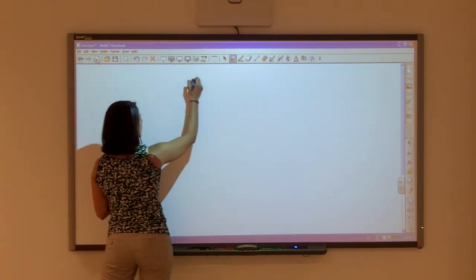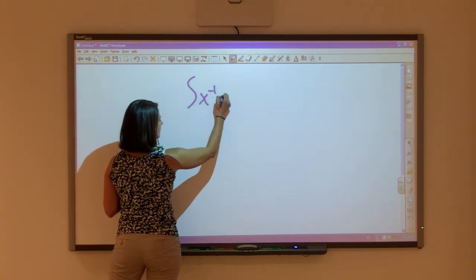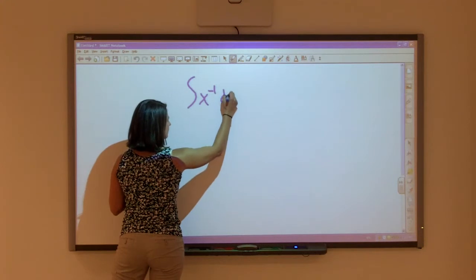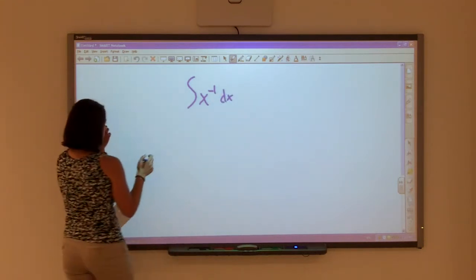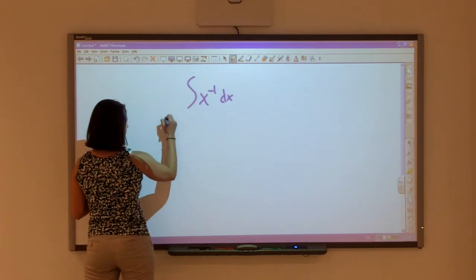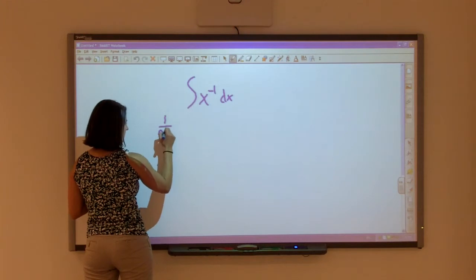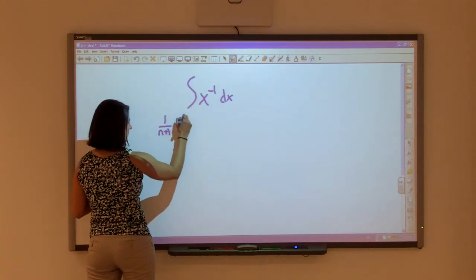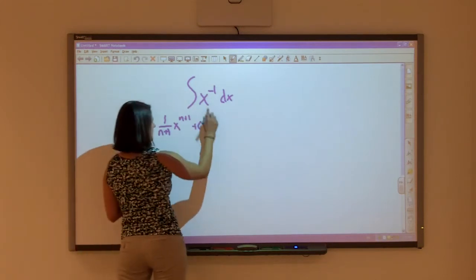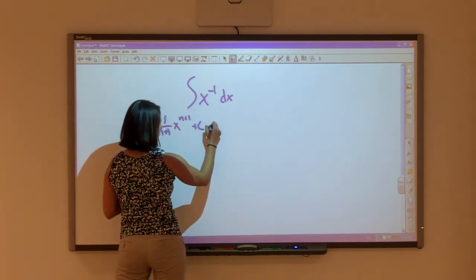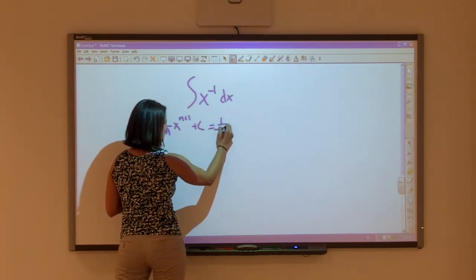Okay, let's try the integral of x to the -1 dx. So if we use our formula, saying that this should equal 1/(n plus 1) times x to the n plus 1 plus c, we're saying that this needs to be 1/(-1 plus 1).